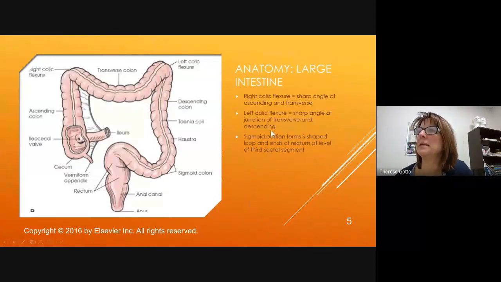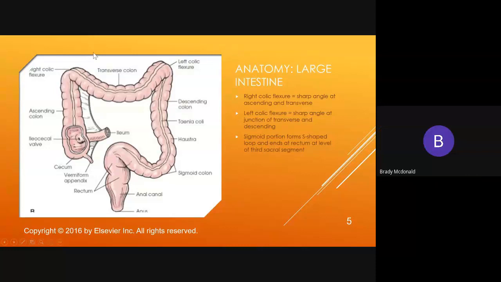Okay, here is some labeling that you guys need to know. Cecum, ileocecal valve, ascending. Here's your right colic flexure, also known as what? Any guesses? What sits up top here? Hepatic flexure. Very good.